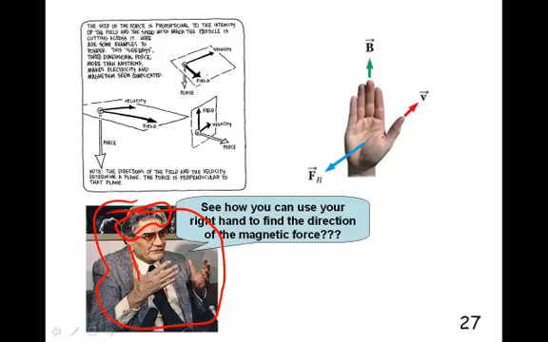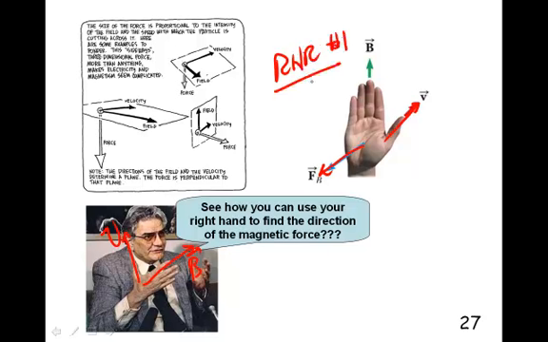So then Jimmy discovered a way to use his right hand. You put your thumb in the direction of V. Here's V. See, your thumb is in the direction of the velocity. Your fingers go in the direction of the magnetic field, and then coming out of your palm will be the direction of the force. We call this right hand rule number 1. And guess what?